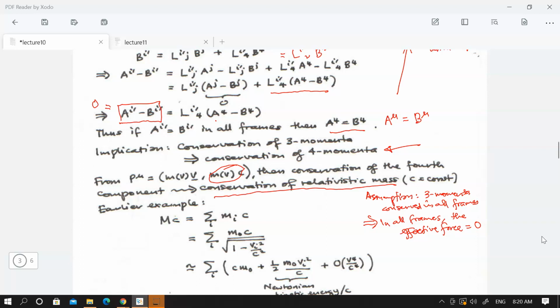Okay, so let's apply this to the earlier example. Remember the earlier example, we had two particles with the same mass, the same rest mass, I should say, because one is actually moving. And then they coalesce to form a single particle of mass capital N. So what does the conservation of relativistic mass say in that particular case?